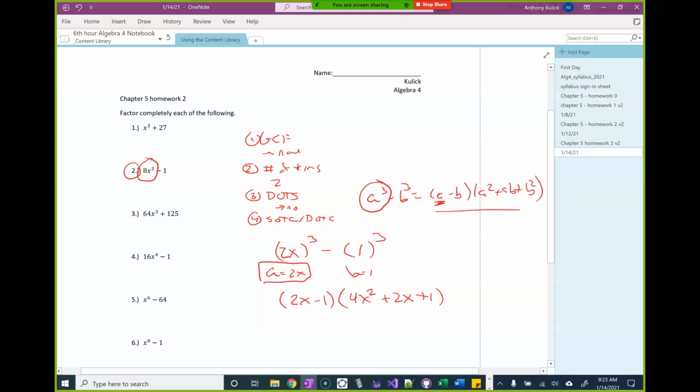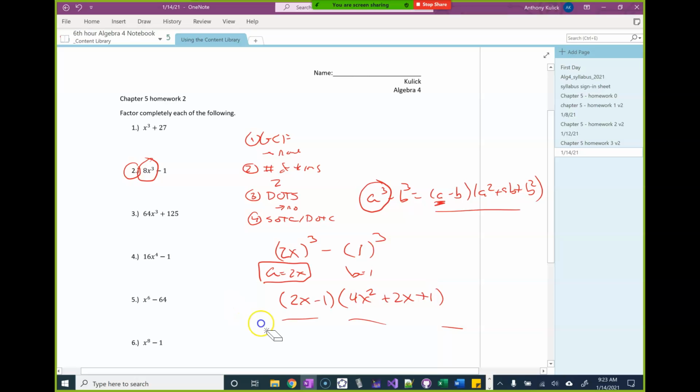Okay. So now that I've finished doing the sum of two cubes factoring, I need to check these pieces to see if I can factor them anymore. Well, the 2x plus 1 has two terms, but it's linear, right? It's just x to the first. So I know I can't factor that anymore. Linear things are as factored as I can get.